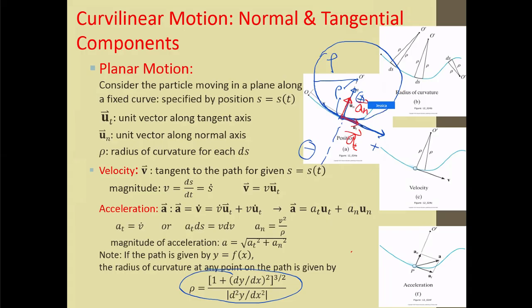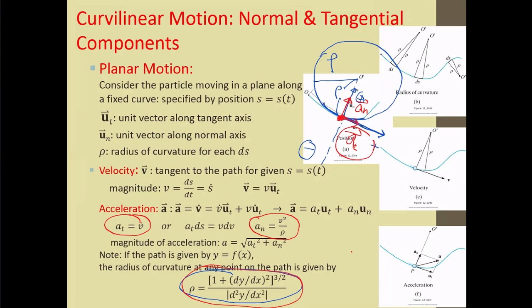Tangential acceleration is simply the derivative of the speed with respect to time t. This is it. Whereas for normal acceleration, I want you to remember this formula. Normal acceleration at this point equals tangential velocity at that point squared divided by the radius of curvature, and the radius of curvature can be calculated using this formula, evaluated at this point.